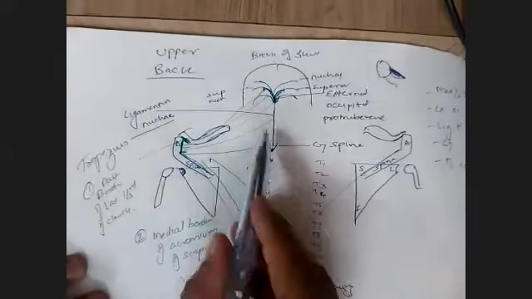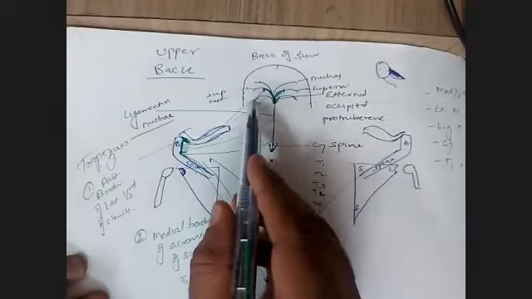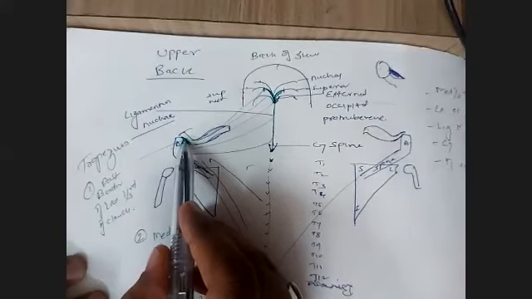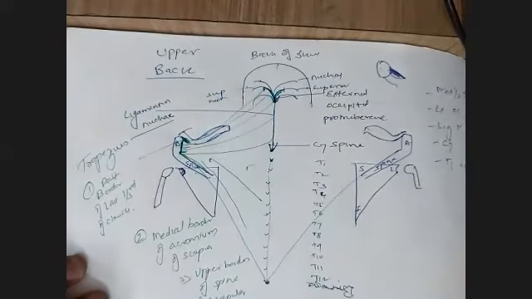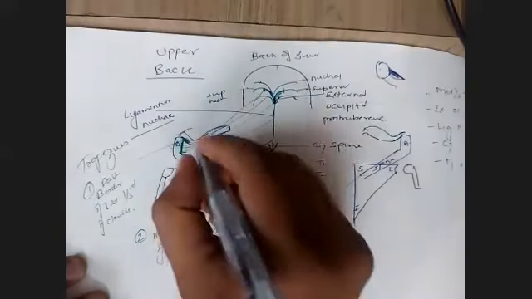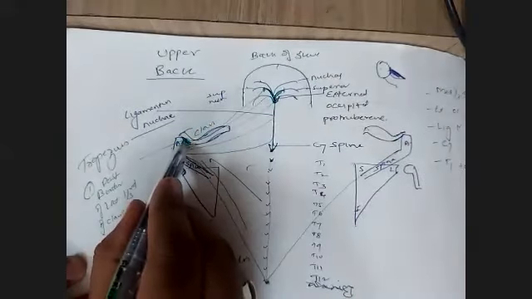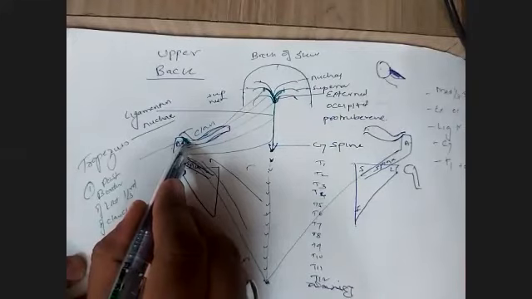So insertion of the upper fibers of the trapezius is the posterior border of the lateral 1/3 of the clavicle. This is the clavicle.